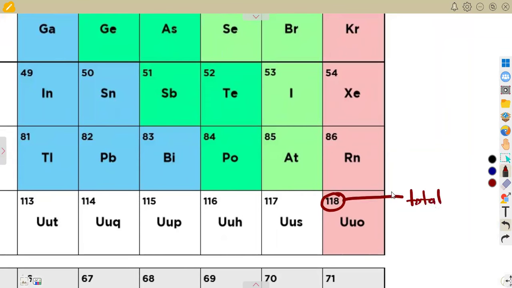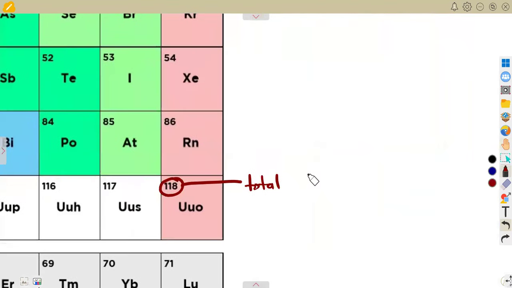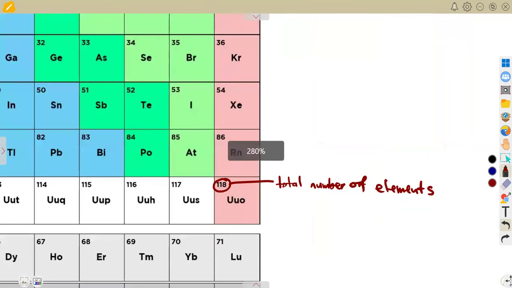This is the total number of elements that you need to know. Where are they starting from?